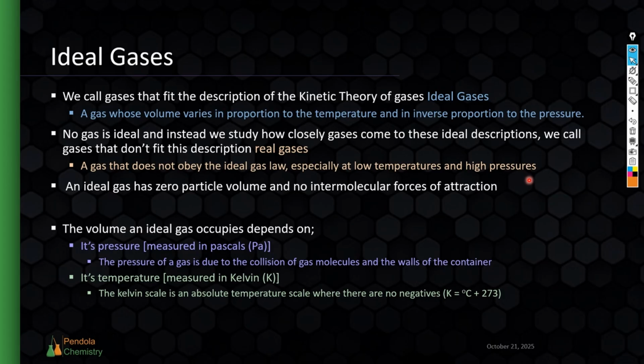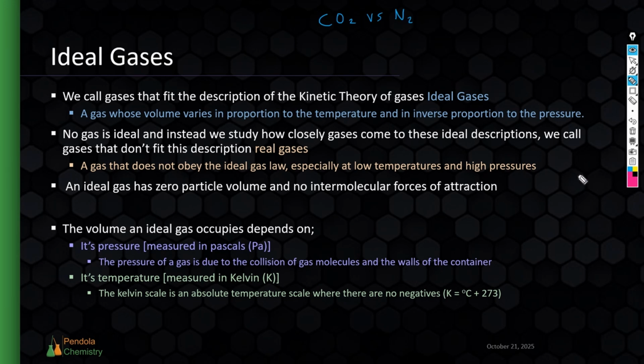So we can look at a gas and compare it to another gas, carbon dioxide versus nitrogen, for example. So one of the comparisons we can make when thinking of these ideas is two different gases, so CO2 versus N2. Both of these are gases, and we can compare them and say which one's more ideal, which one's more real.